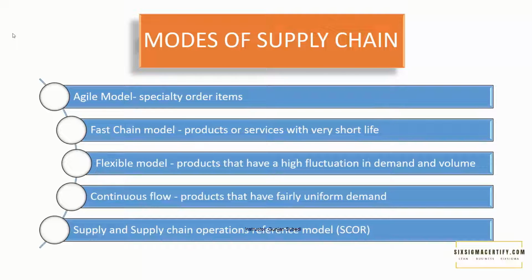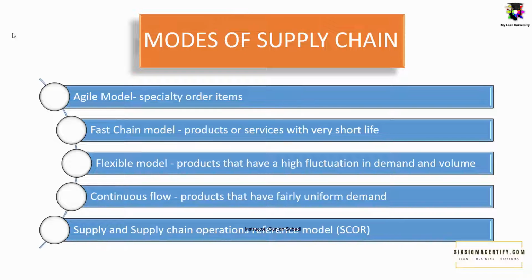The supply chain models could be the agile model, which is beneficial for specialty order items; the fast chain model for products or services with a very short life; the flexible model for products that have high fluctuation in demand and volume; the continuous flow model for products that have fairly uniform demand; and the supply chain operations reference model, or SCOR model, which helps in management of the waste, creates standards, and continuously improves the supply chain model.